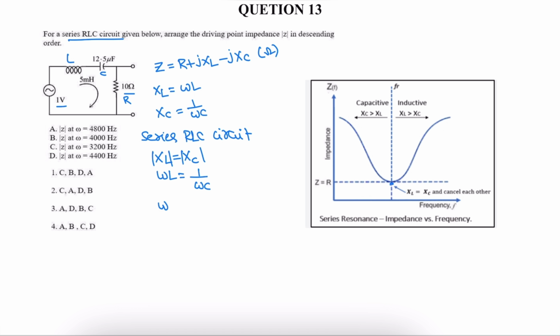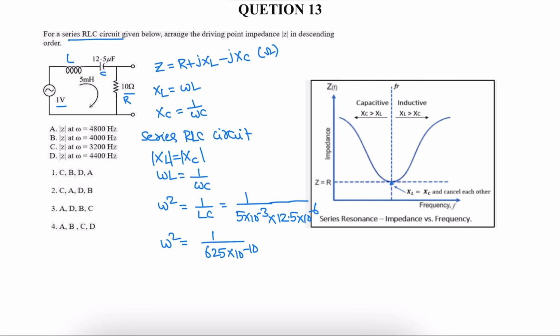So omega square is equal to 1 by L C. L value is 5 millihenry, 5 into 10 power minus 3, C is 12.5 into 10 power minus 6, that is 125 into 10 power minus 7. So 125 into 5 is 625, 10 power minus 10.